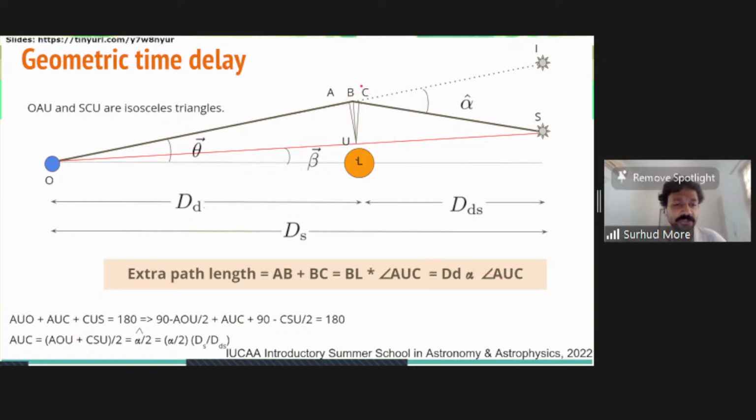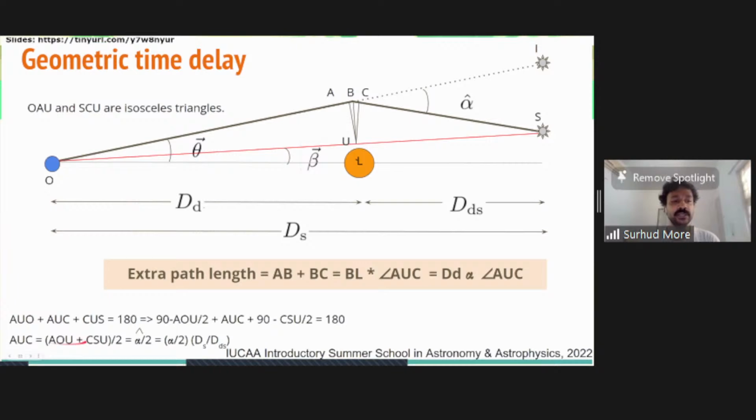In order to do that, the first thing to notice is that the sum of the angles AUO plus AUC plus CUS is equal to 180. These form angles with respect to this line, and so the sum of these three angles should be equal to 180.